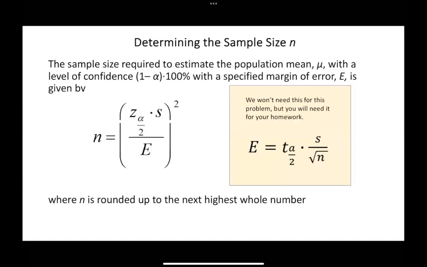So you take the Z-score, multiply it by the standard deviation, divided by margin of error, and then square what you have. This will give you your sample size. Now, N, you always round up, just like before, just round up to the next whole number. We're going to use this formula. Hopefully it'll help.